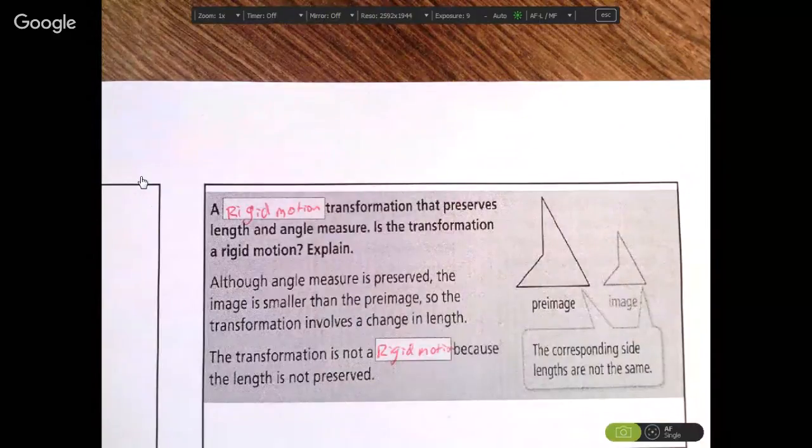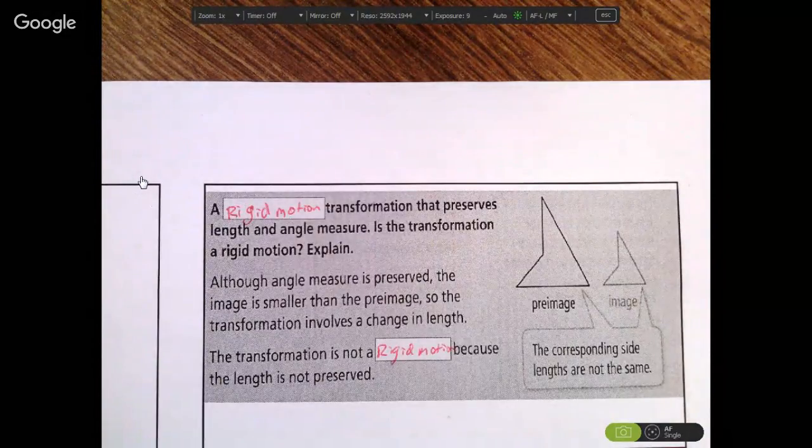So rigid means like it's stuck, right? Maybe it's a little bit morbid, but what word means like frozen? That has rigid in it. What happens when a person dies?